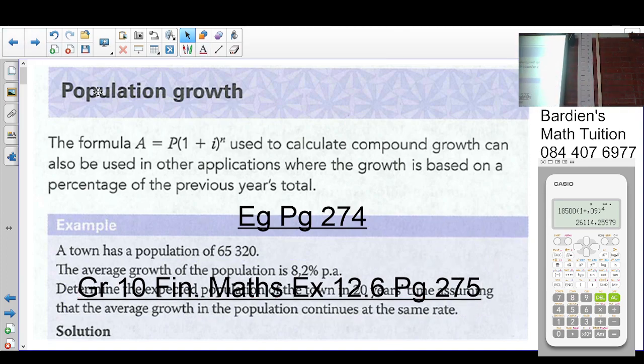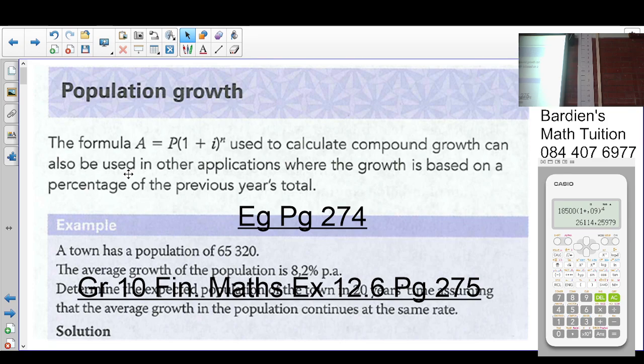Here we are told that the formula A is equal to P into 1 plus i to the n, used to calculate compound growth, can also be used in other applications where the growth is based on a percentage of the previous year's total. Okay?